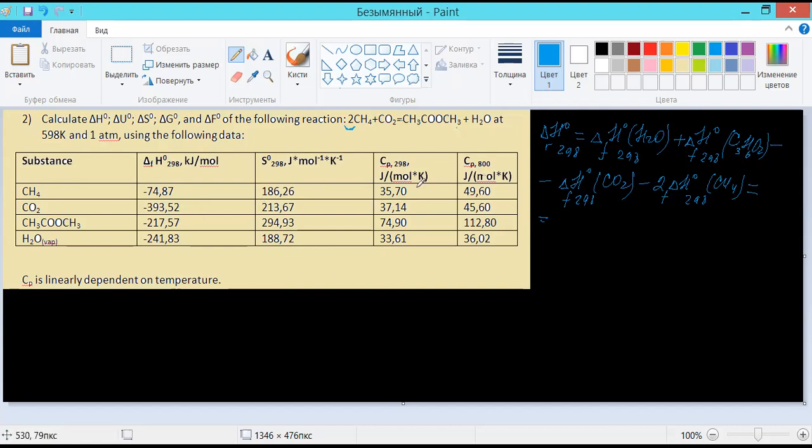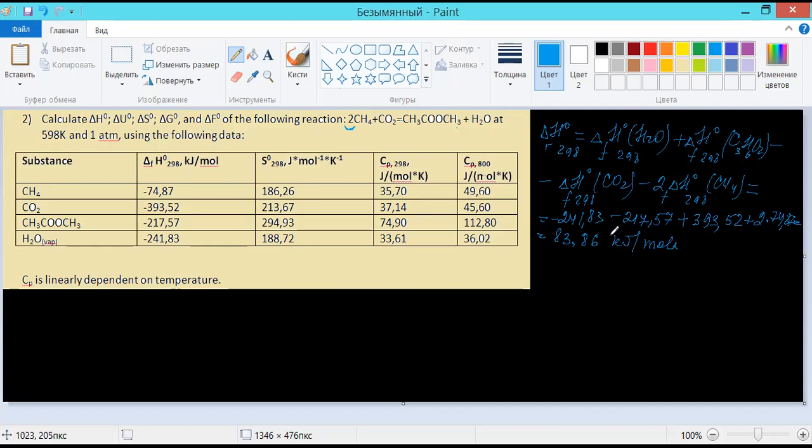Thus we got minus 0.83, okay, minus 0.57, minus over minus gives us plus 393.52, plus 2 times 74.87, and that gives us 83.86 kilojoules per mole. Okay.